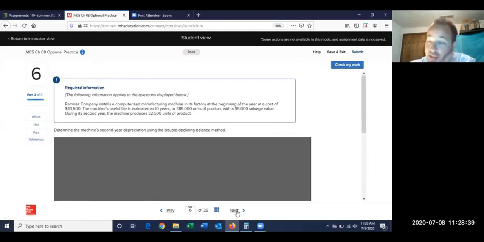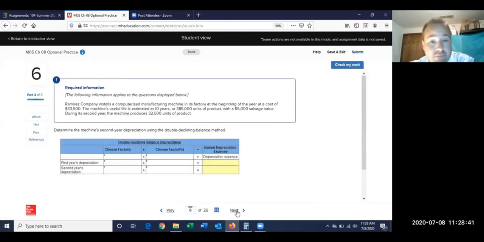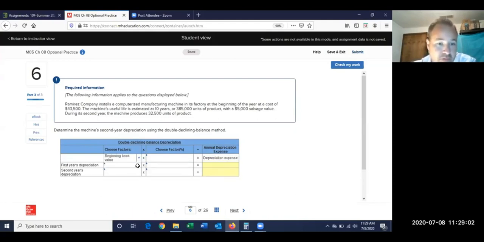Finally, on number 6, it's wanting us to use the third method, double declining. For the double declining, it says choose the factors. Remember, with double declining, we don't use the salvage value right away. So all we do is use the original cost. You can use beginning book value.